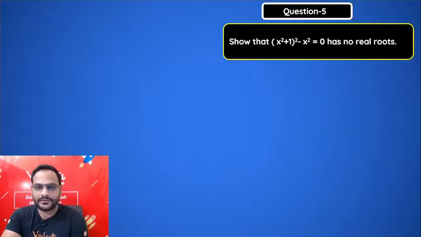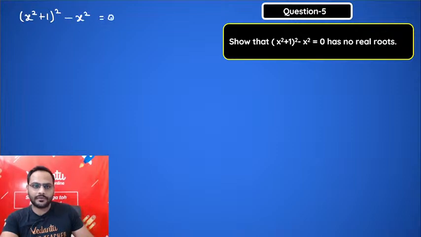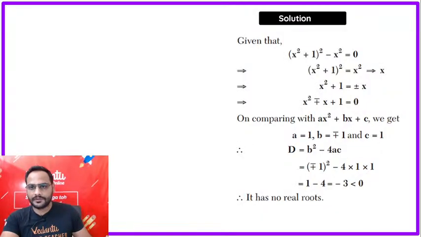Okay, next one. Show that this equation, x square plus 1 whole square minus x square, has no real roots. This equation does not have any real roots. So what do we have? We have x square plus 1 whole square minus x square equal to 0. Wait, this will be degree 4. You don't have to do degree 4.